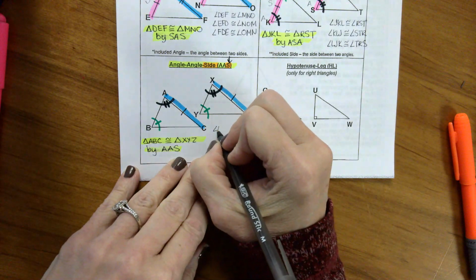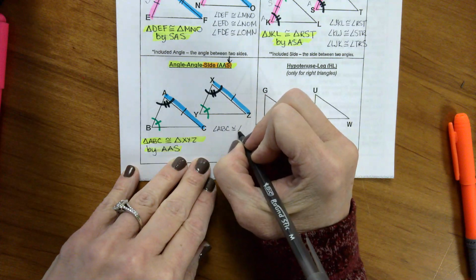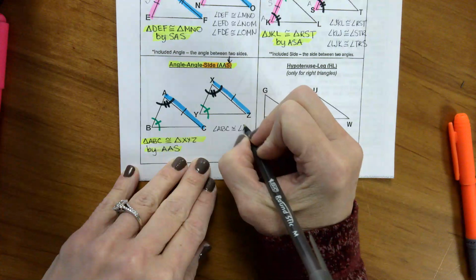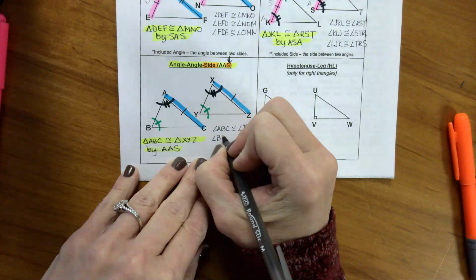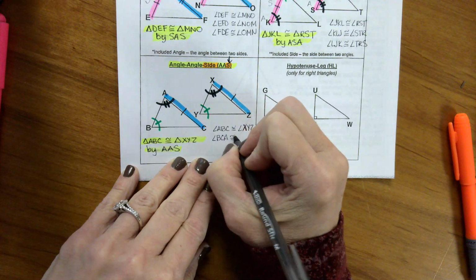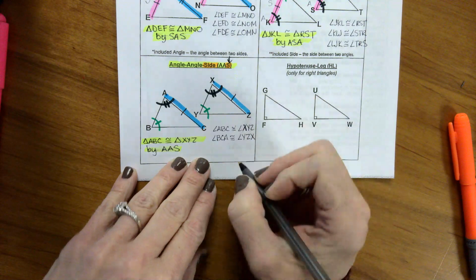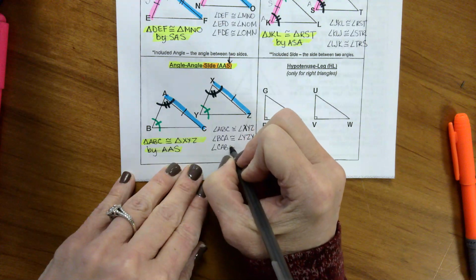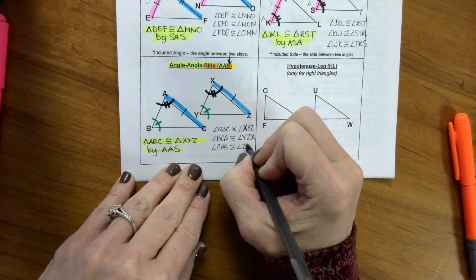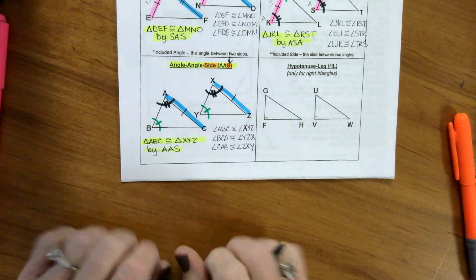So angle ABC is congruent to angle XYZ. Angle BCA is congruent to angle YZX. Angle CAB is congruent to angle ZXY. Those are my angles.